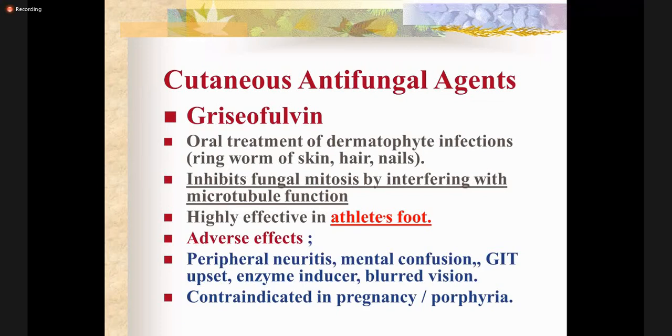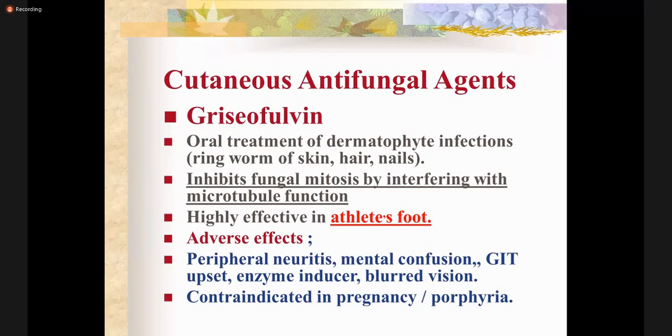Adverse effects, we all know that it causes peripheral neuritis. This happens when it has systemic absorption. Say the wound is so bad that it has disrupted the lining of the skin and it has been absorbed into the bloodstream, and then it may cause this. So this is in the case of higher doses or when the wound is very bad and it has systemic absorption.